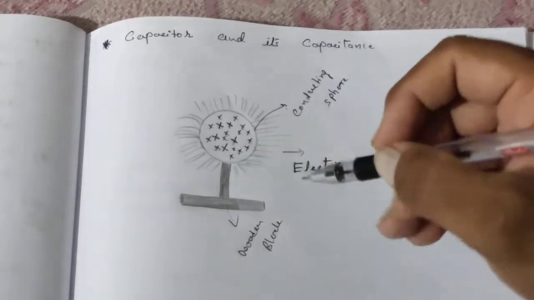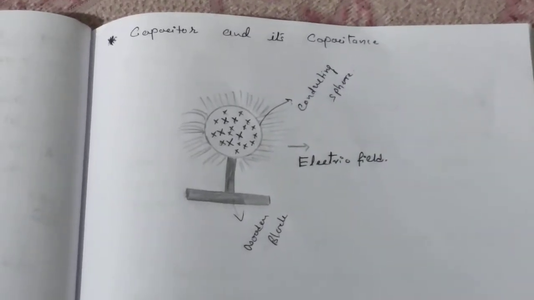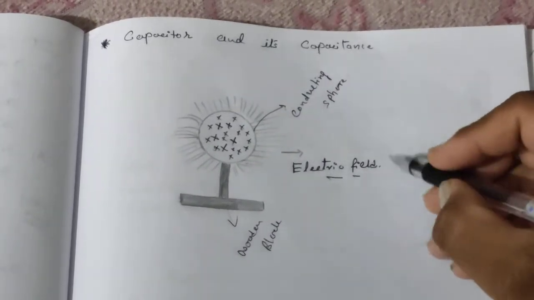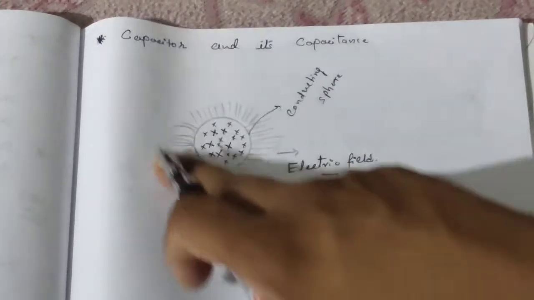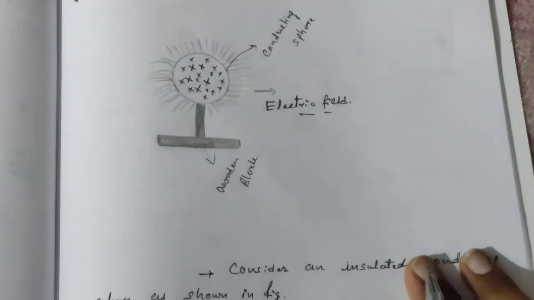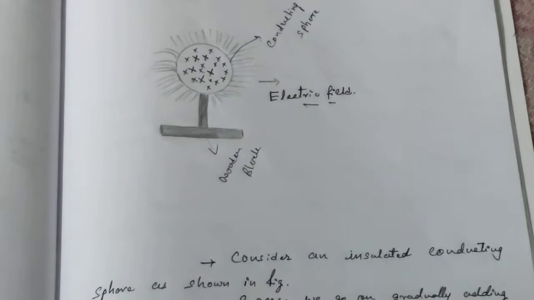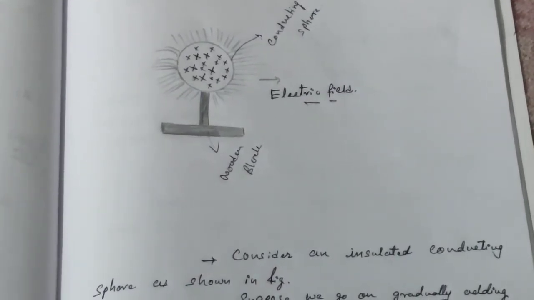Here in the conducting sphere, when 100 percent deposition is possible, at that time we can say that the electric field is maximum. Okay, so at that time the air surrounding it gets ionized. In that case, the charges can leak, and that leakage process is known as the ionization process.